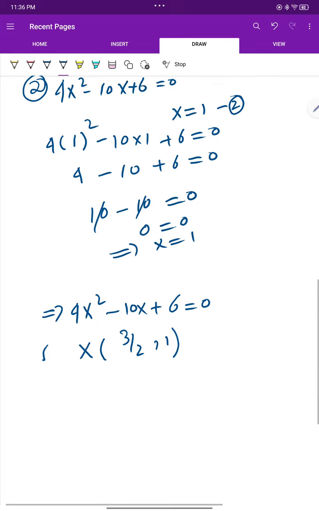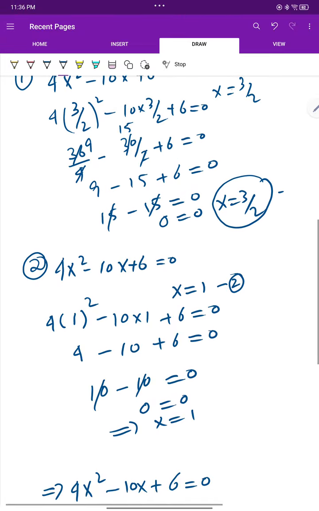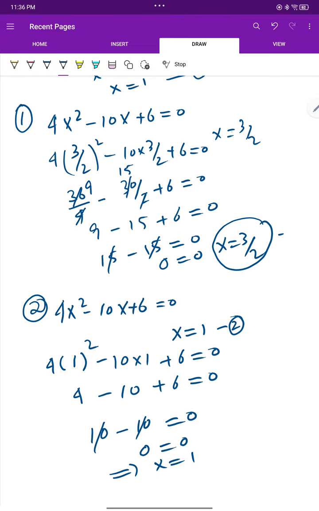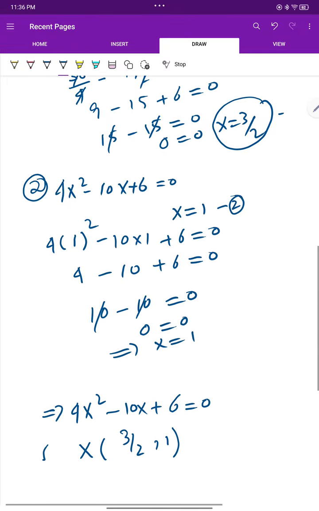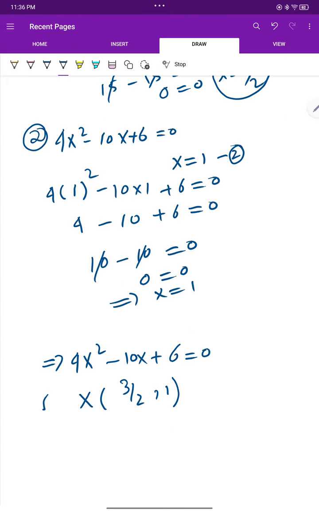This is a quadratic equation, and you learned factorization. You also found the two values of x, how you find them, and then you put the values in, and the solution is true.